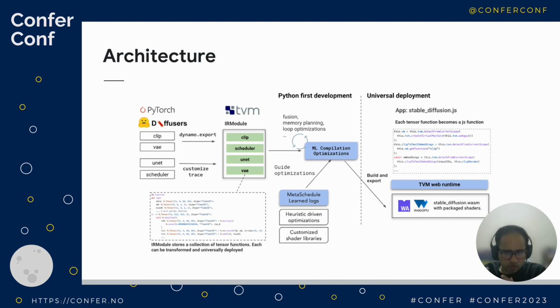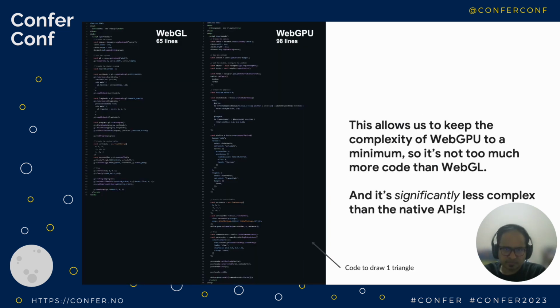We're not going to go too deep into that. This can be the topic of a completely separate talk of its own. Right now we're just going to use it as a tool where we input these models. We get a JavaScript runtime which we're going to use in our application, which is going to utilize WebGPU. Here we have the Stable Diffusion JavaScript, and that's what we can use for WebGPU.